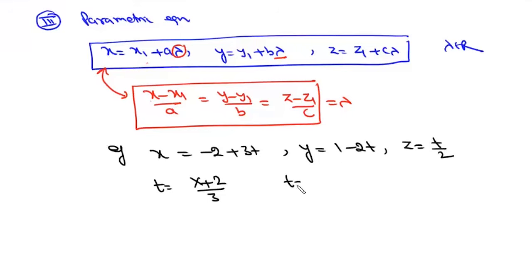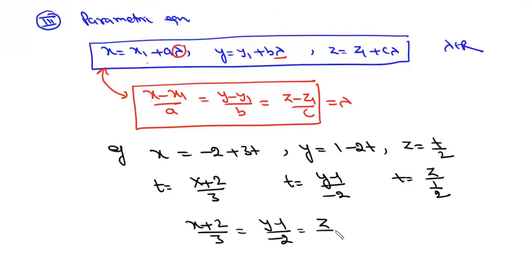Here t will be y minus 1 upon minus 2, and here t will be z upon 1 by 2. We can write this equation as x plus 2 upon 3, y minus 1 upon minus 2, and z upon 1 by 2.